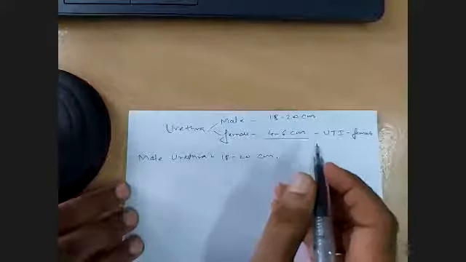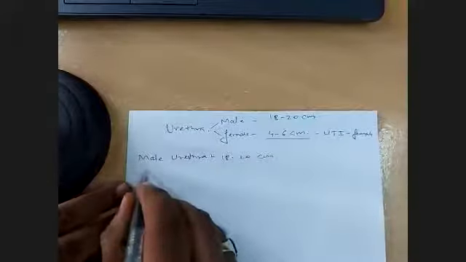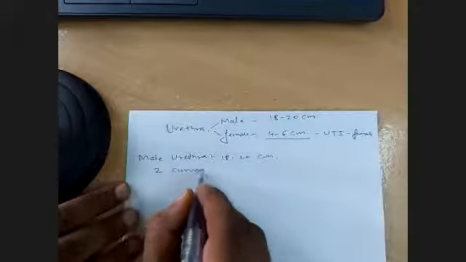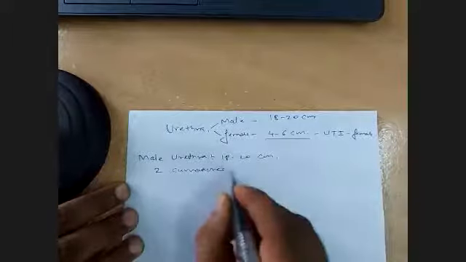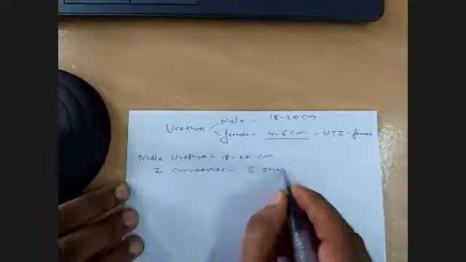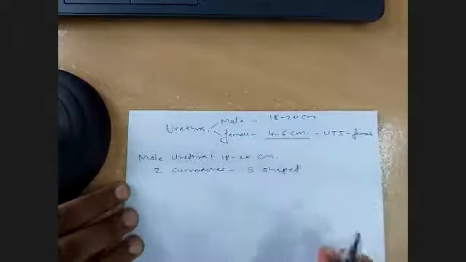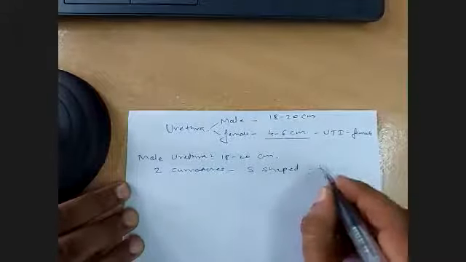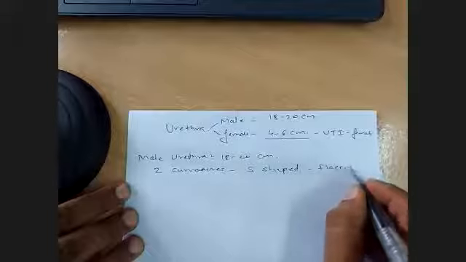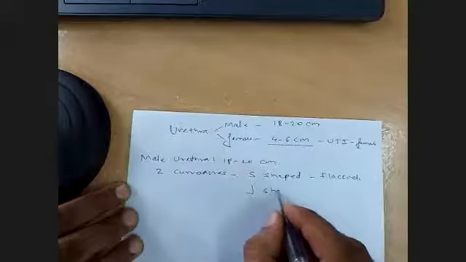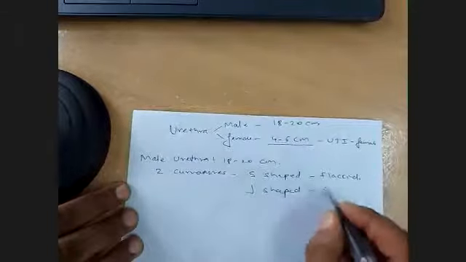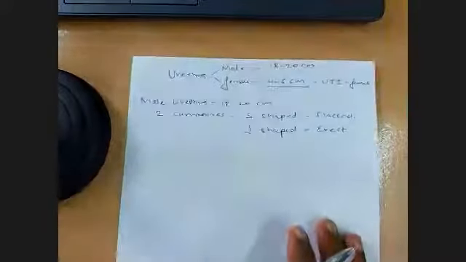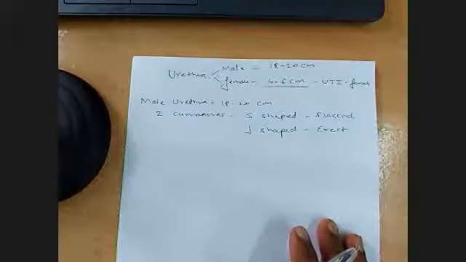The long axis of this male urethra shows two curvatures, and therefore it is S-shaped when the penis is in flaccid state. And this urethra is J-shaped when the penis is in erect state. To demonstrate this, I will draw two diagrams for you.